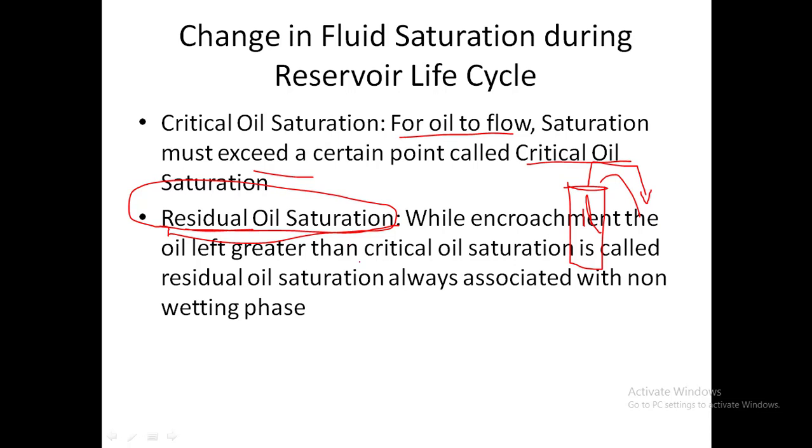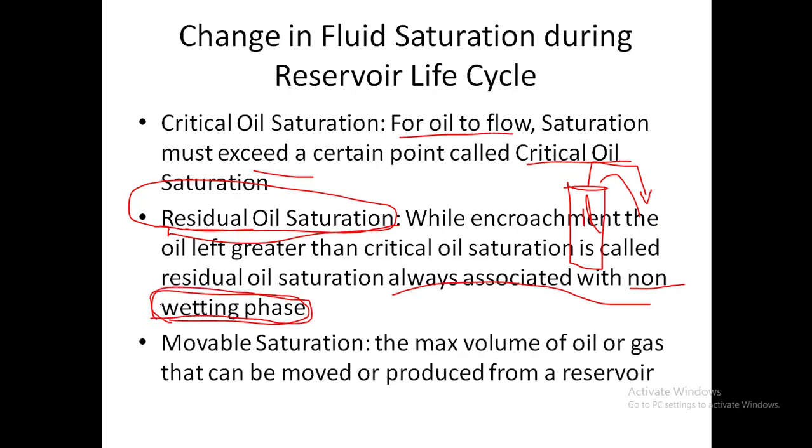Okay, I also wrote a point over here that residual oil saturation is always associated with the non-wetting phase. I will explain the non-wetting phase in the next videos, but over here just consider that the non-wetting phase in the reservoir will always be the oil phase. Okay, right.